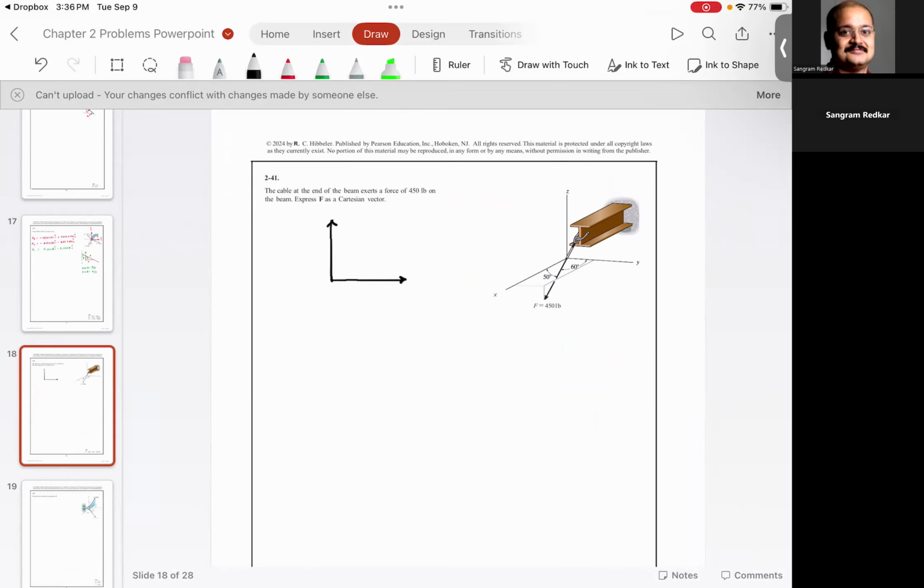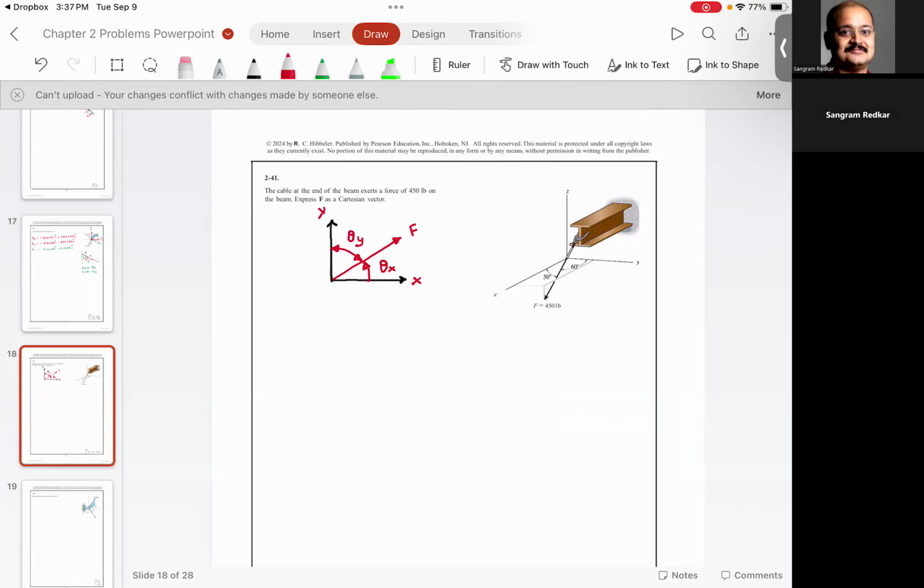If you have a force, I'm going to call this angle theta x, because this is the angle made with respect to x. And I'm going to call this angle theta y.